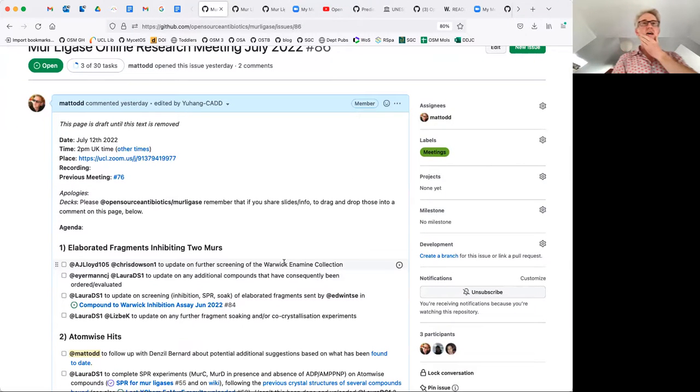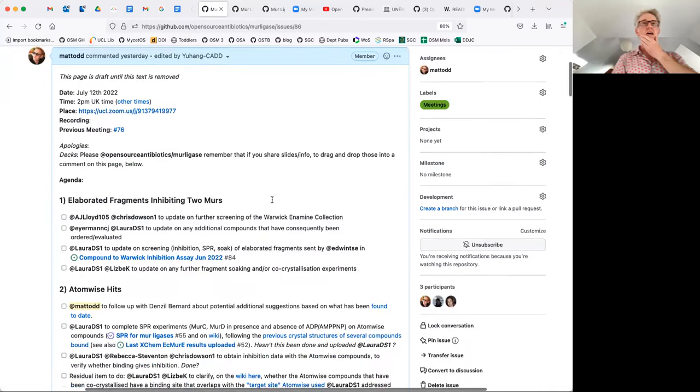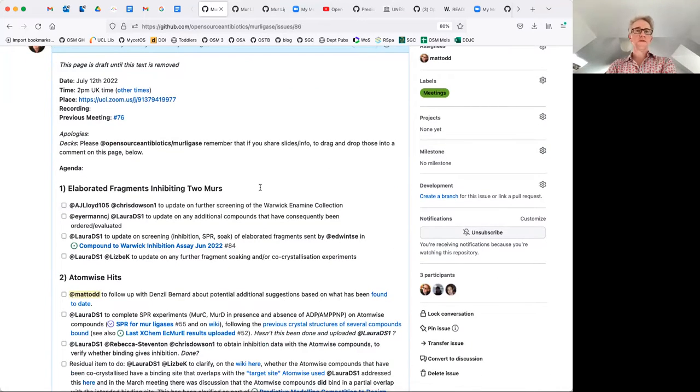We can take these in any order and deal with the most important things first. From my perspective, the two things we should start with, as a result of the exciting data presented last time by Adrian, are whether we have any updates on that work from Adrian and Laura, and whether we have any updates on the structural biology.